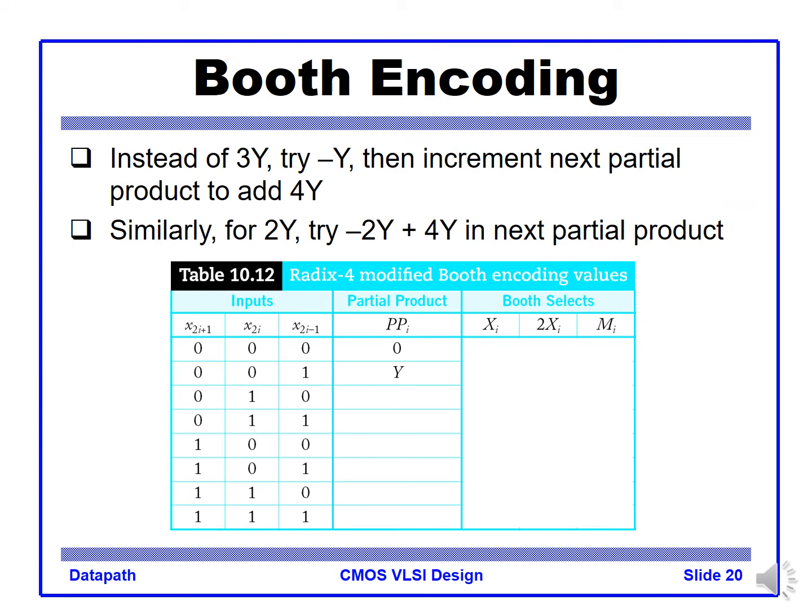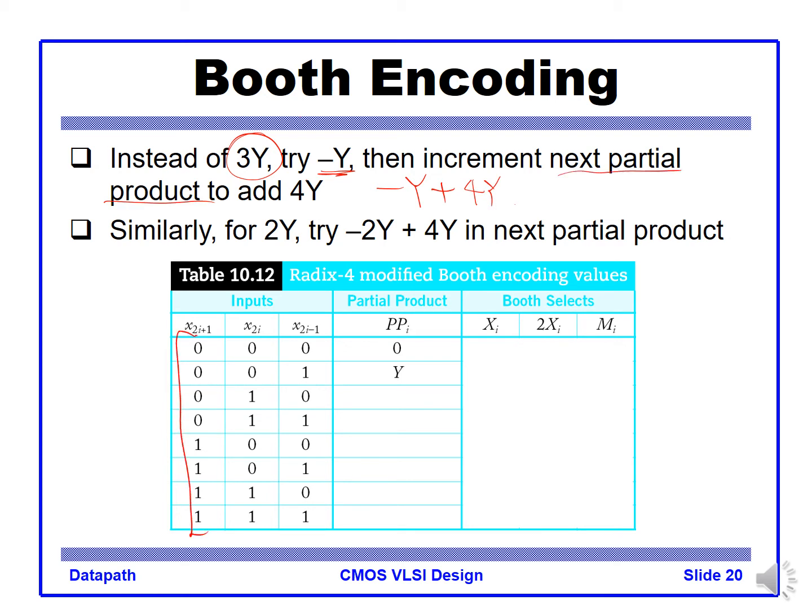In Booth encoding, we use some encoding to eliminate the 3y generation. So instead of generating 3y, we generate minus y, then add the 4y in the next partial product generation.